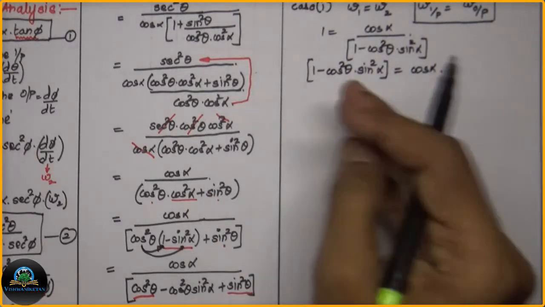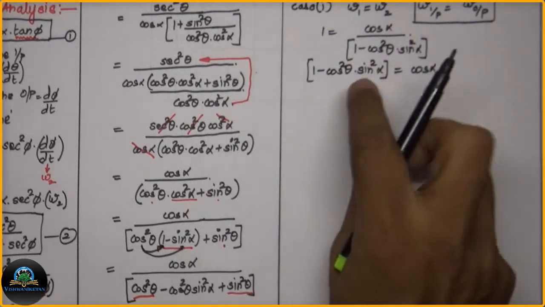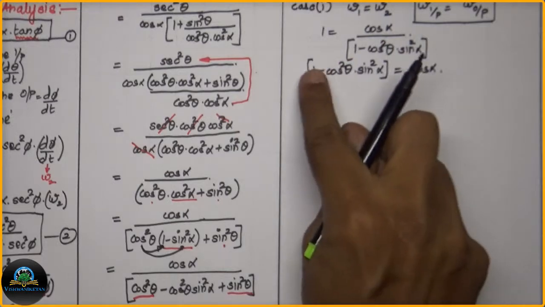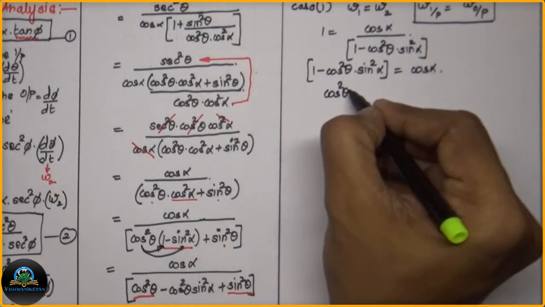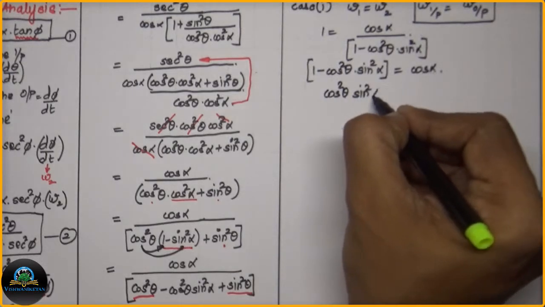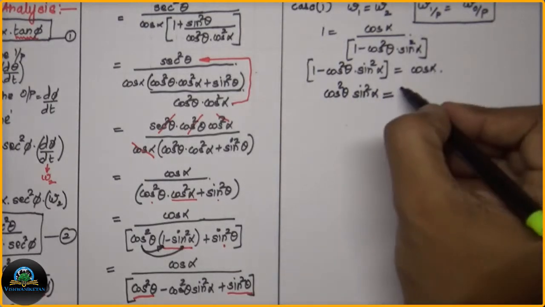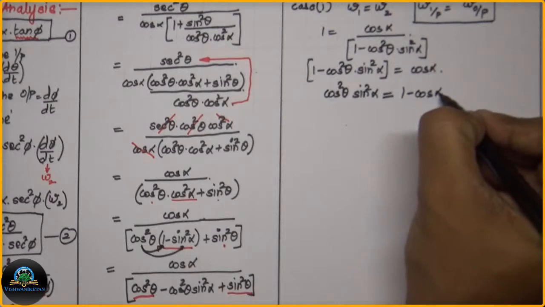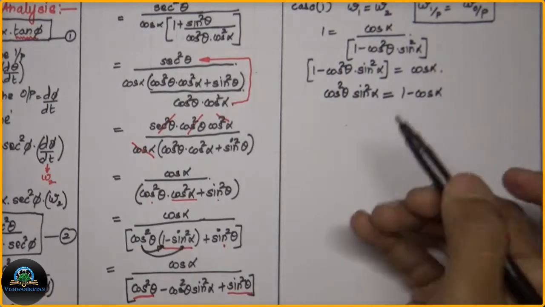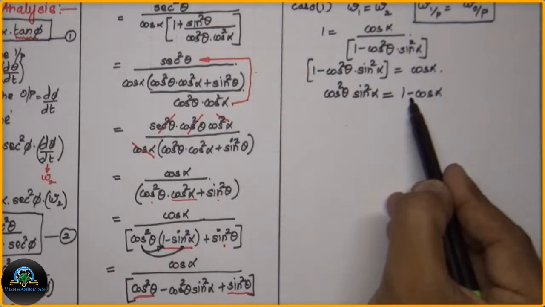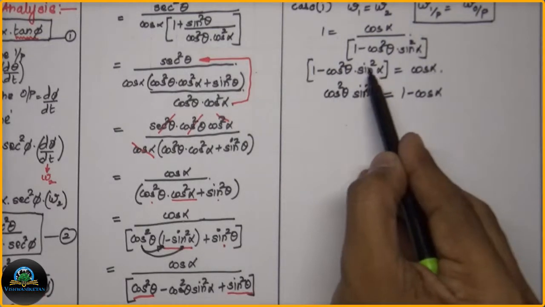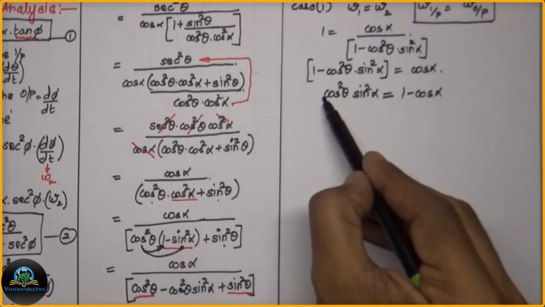Now, if I rearrange the terms, because finally I want to get theta on one side and everything in alpha on the other side, then cos square theta sine square alpha can be written as 1 minus cos alpha. Very simple algebra I have done. I have shifted cos alpha on this side, so it looks like 1 minus cos. And I have shifted this product on the other side, so the minus has become plus.